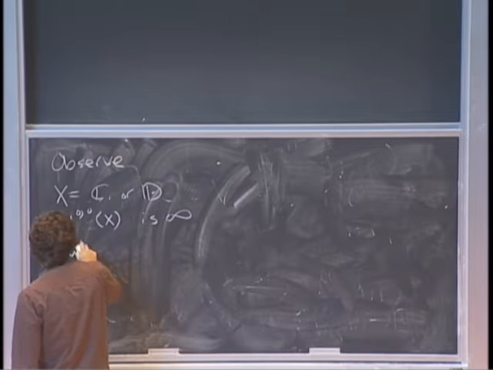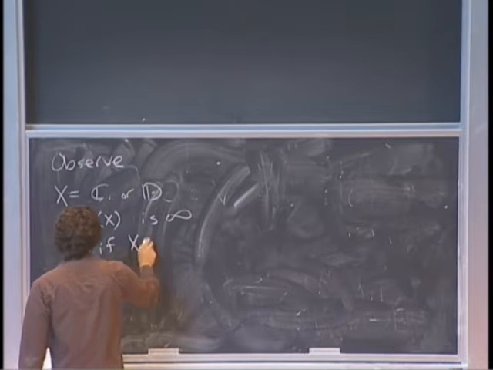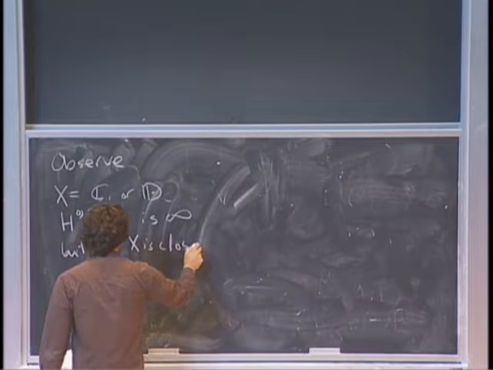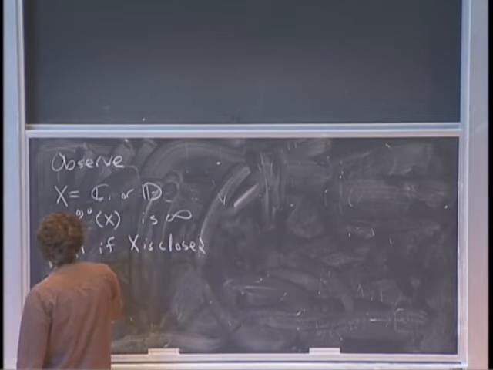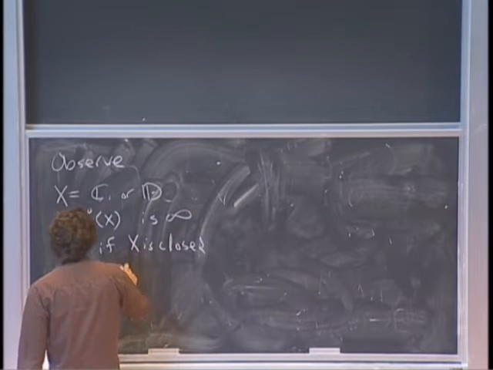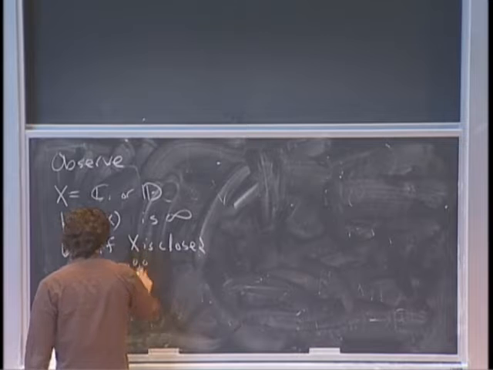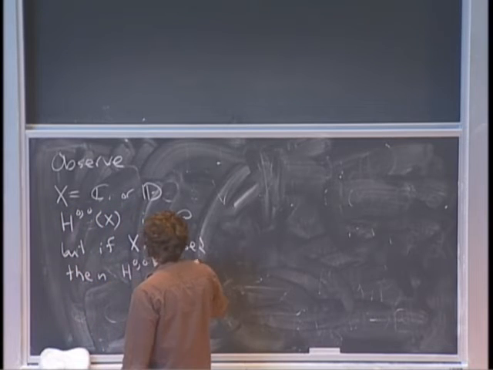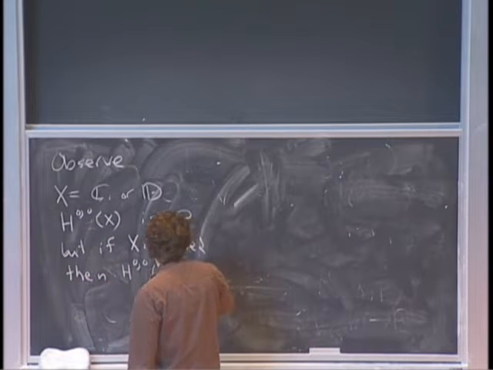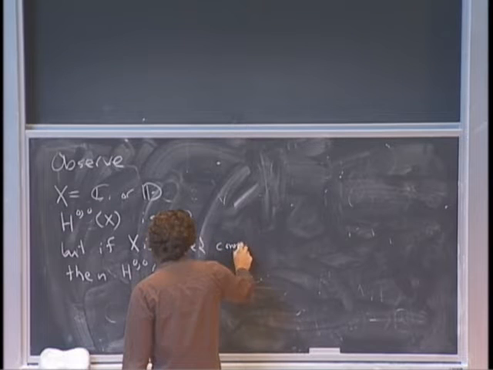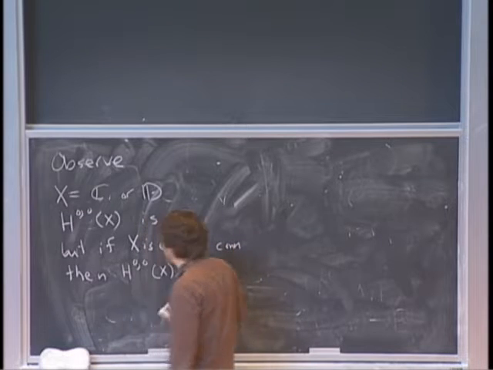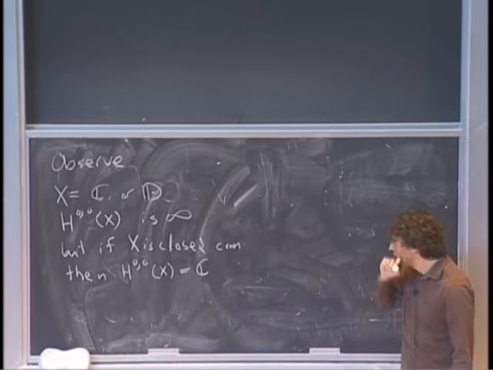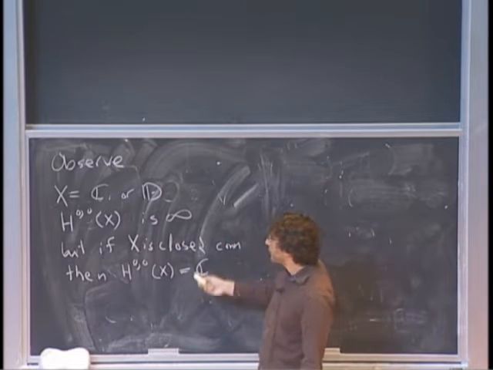But of course, if X is closed and connected, then this is just going to be C. This will be the constant functions. So we see already that there's a kind of distinction.